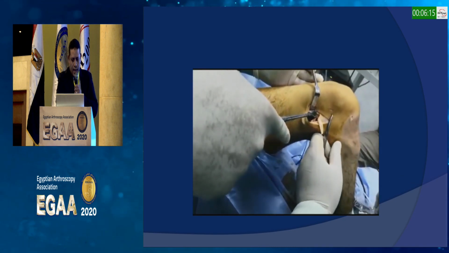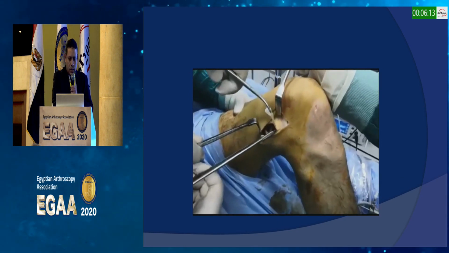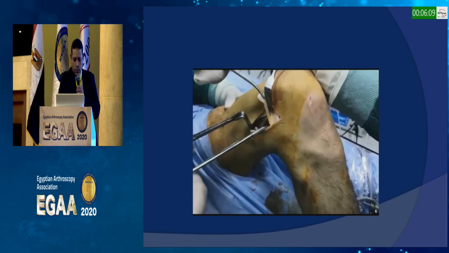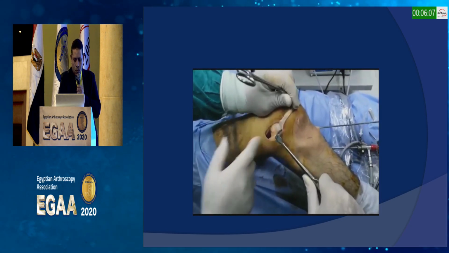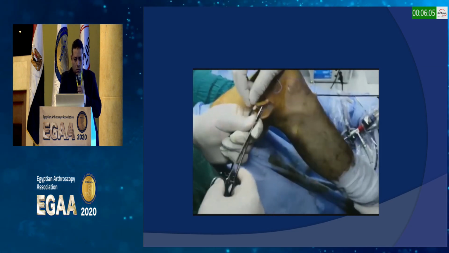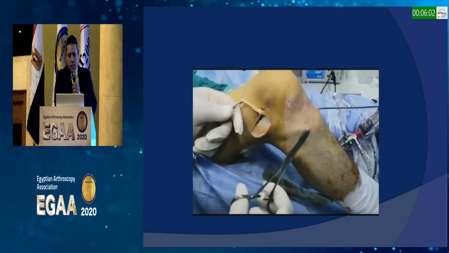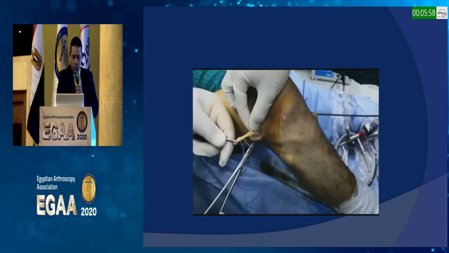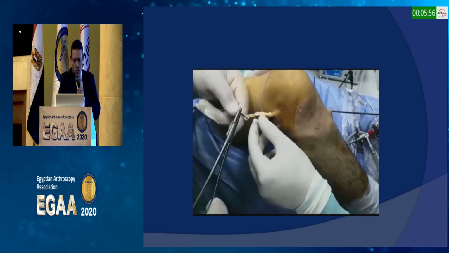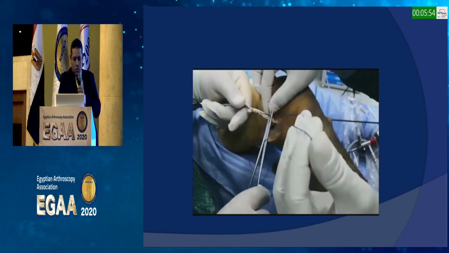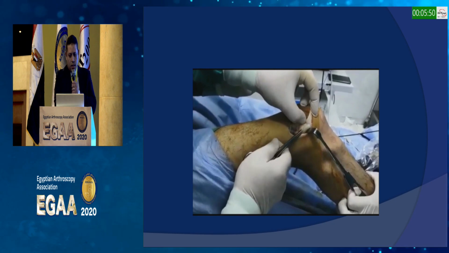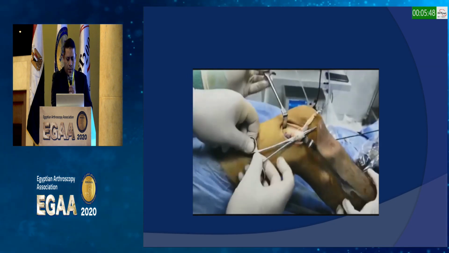And then we release it distally until we identify the lateral collateral ligament. The IT band is tubularized with Vicryl number 2. Then we pass it deep to the lateral collateral ligament.